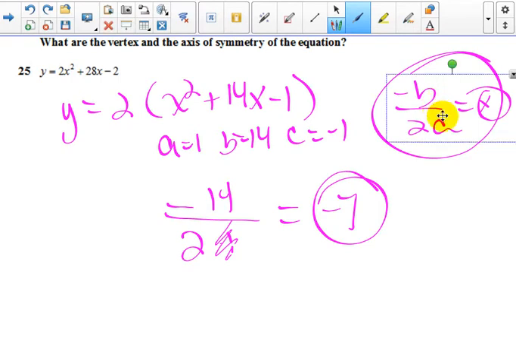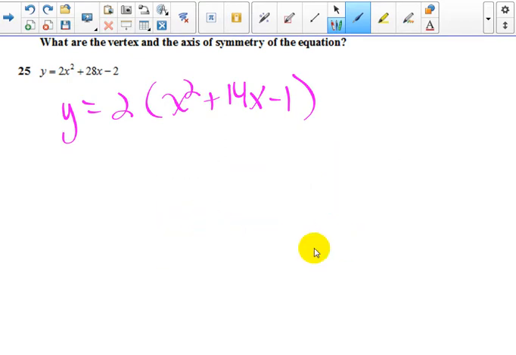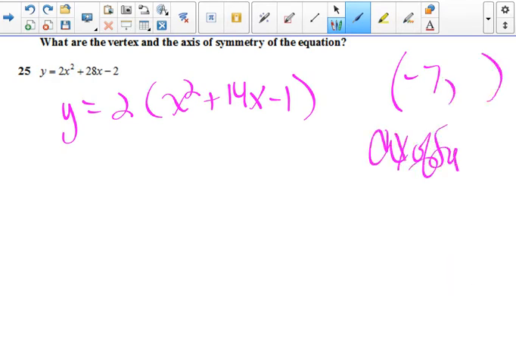So our x value is -7, and we know our axis of symmetry is x equals -7. Now we're going to plug this back into the original equation, which I have right here, and solve for y to get our y value.